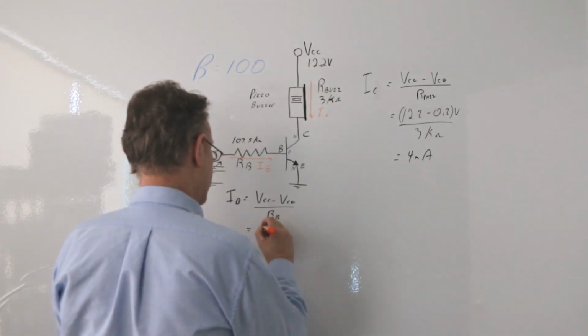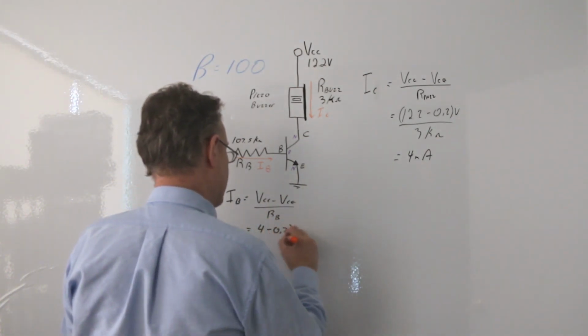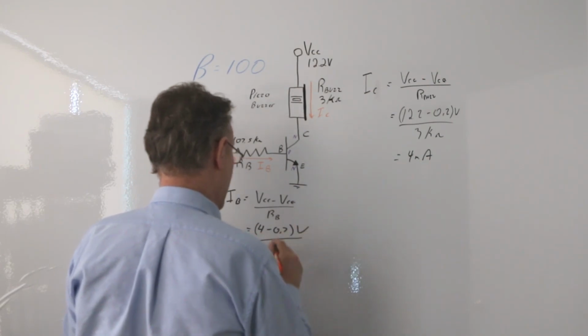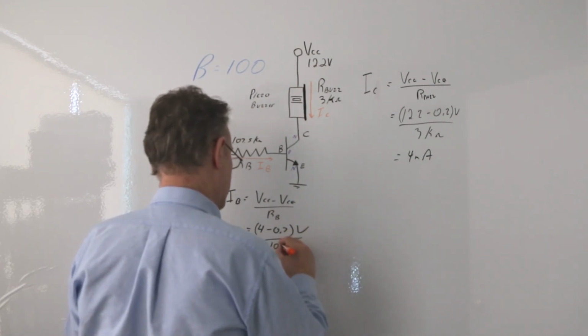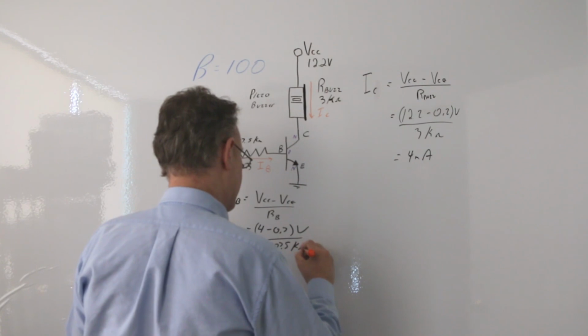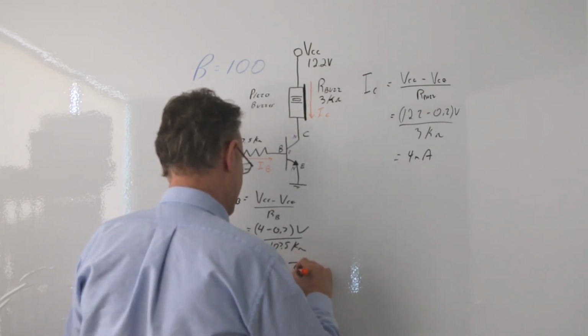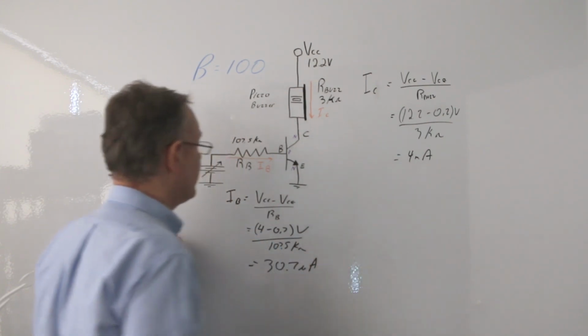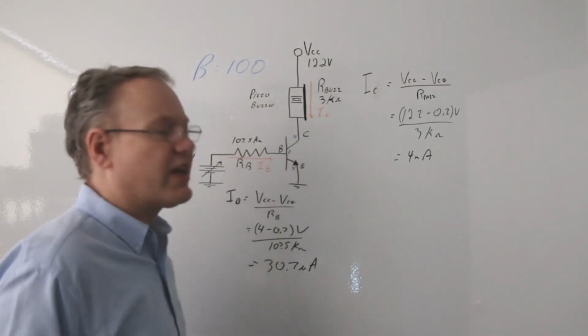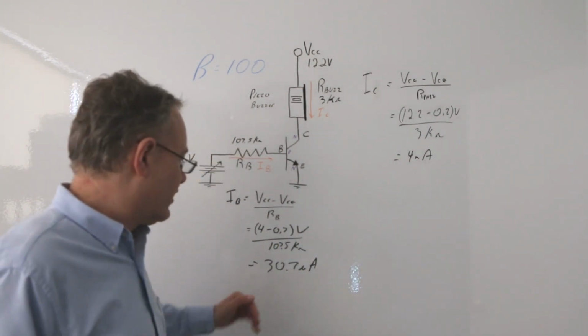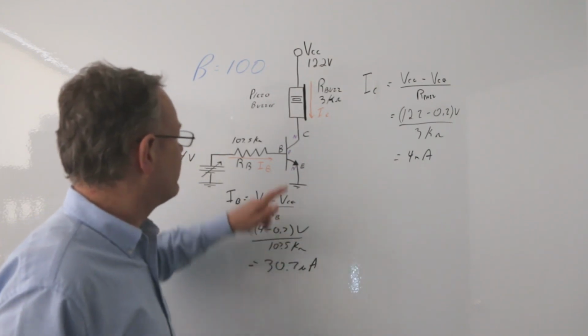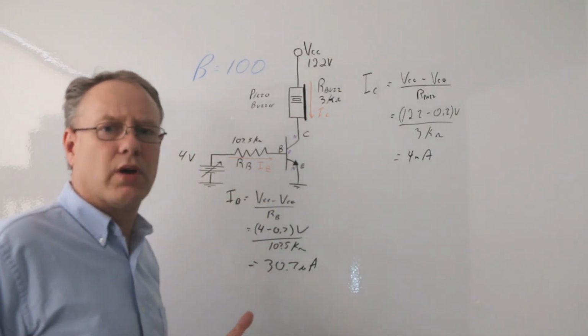I'm going to write down here 4 minus 0.7 volts divided by my RB, which is 107.5 kilo ohms. And in this case, I'm getting 30.7 microamps. Before we had 40, which fully saturated it, so we have less current, so this guy is not fully saturated anymore.